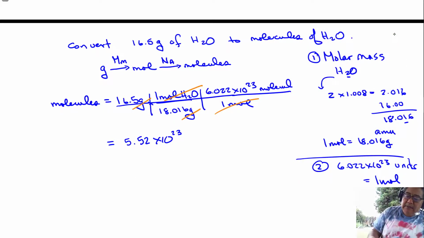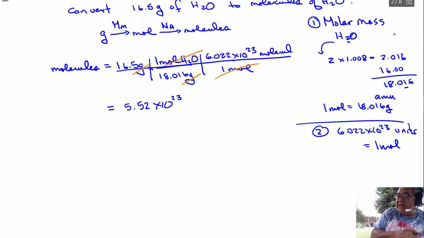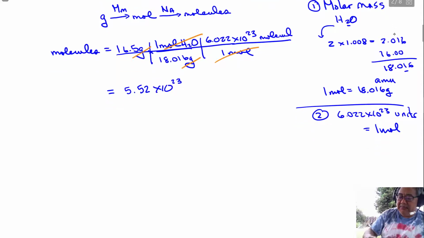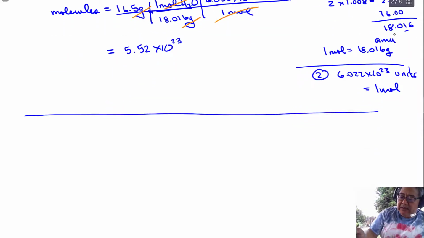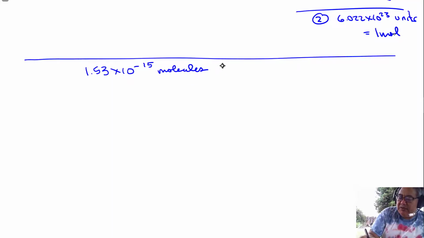Okay. So let me show you another example. That was, again, another example of grams of something to molecules of something using Avogadro's number. Let's do this. We're going to do 1.53 times 10 to the minus 15 molecules of, let's do H2O again.